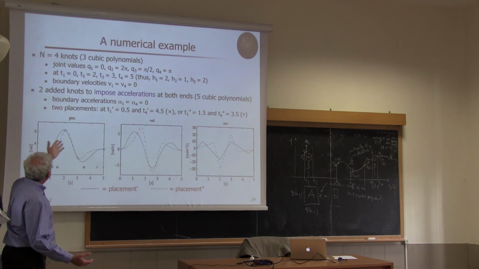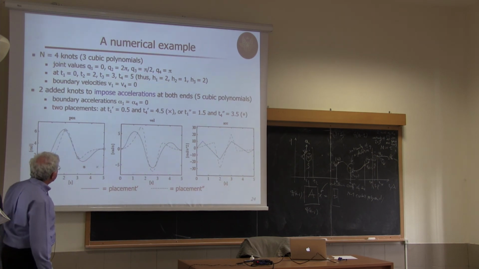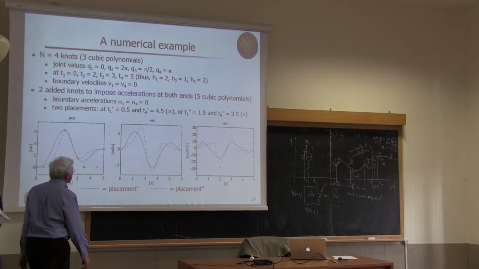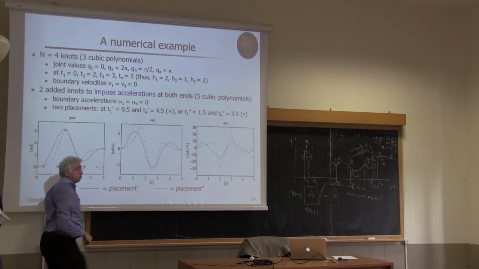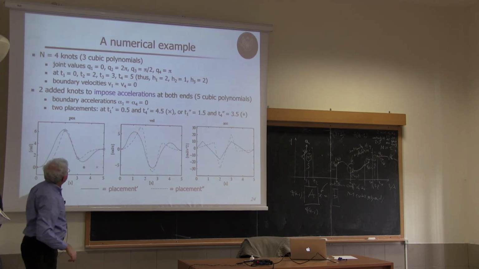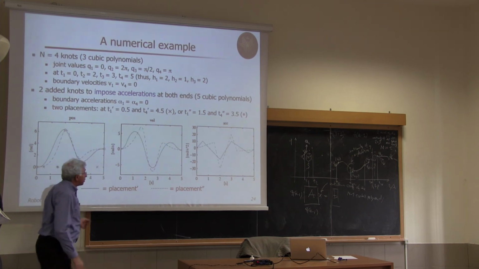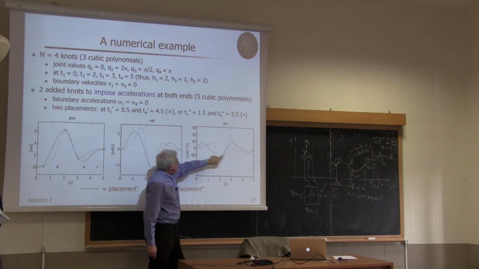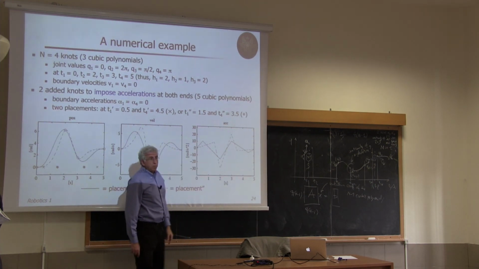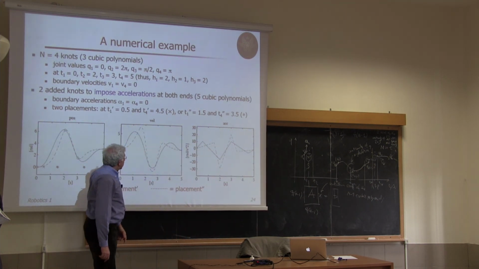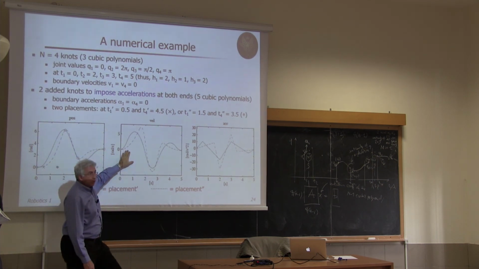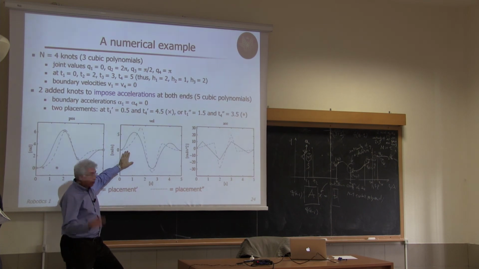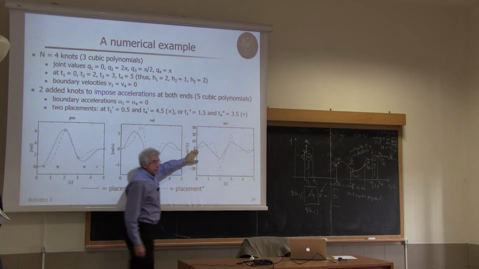Just to show, in this case, the boundary conditions on velocity were 0. In fact, you start from 0 and you end up in 0 in both solutions. Okay, and the acceleration were also 0, so you start and stop with 0 acceleration. Here you can see that these are cubics, these are quadratic function in each interval, and these are linear function in each interval.